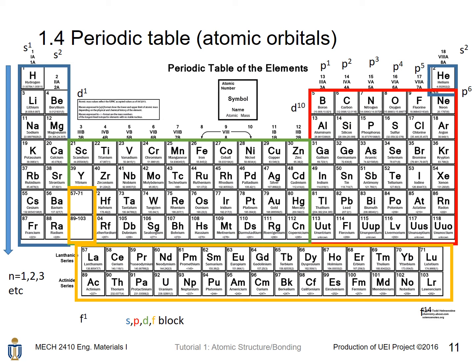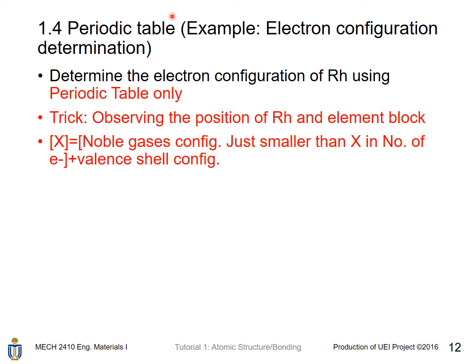And let's do an example for illustration. Determine the electron configuration of rhodium using the periodic table only. There is a trick. We must first observe the position of rhodium and its element block.